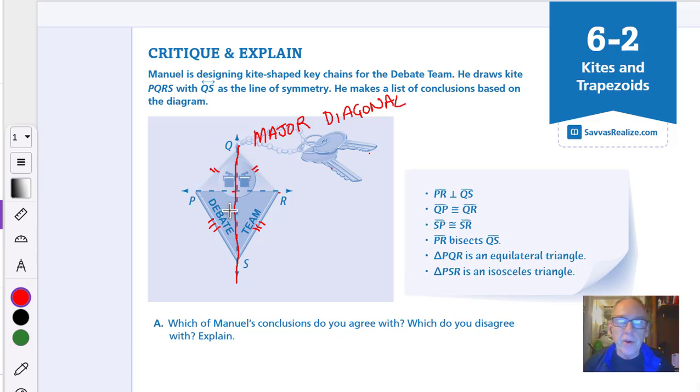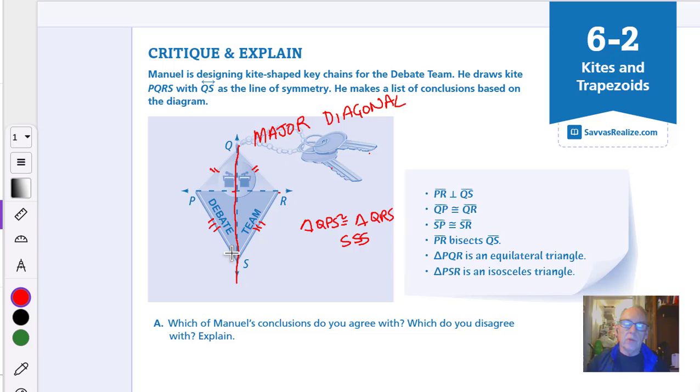Now, if we look at the diagram here, we can see that these two triangles, QPS, is going to be congruent to triangle QRS by side, side, side.